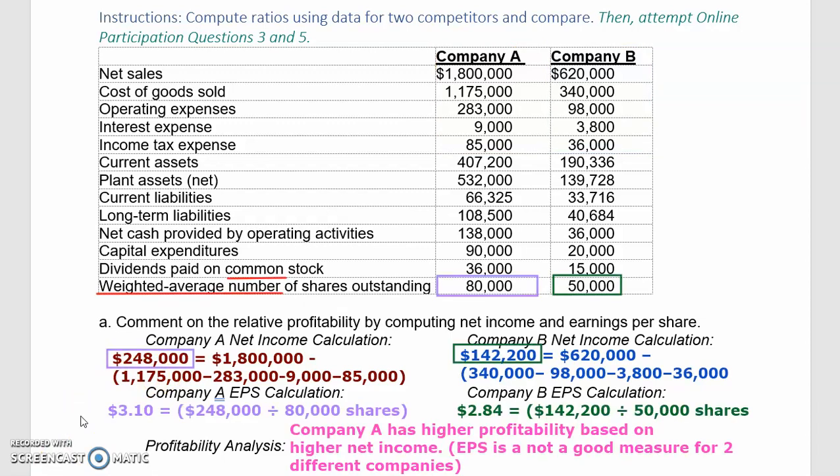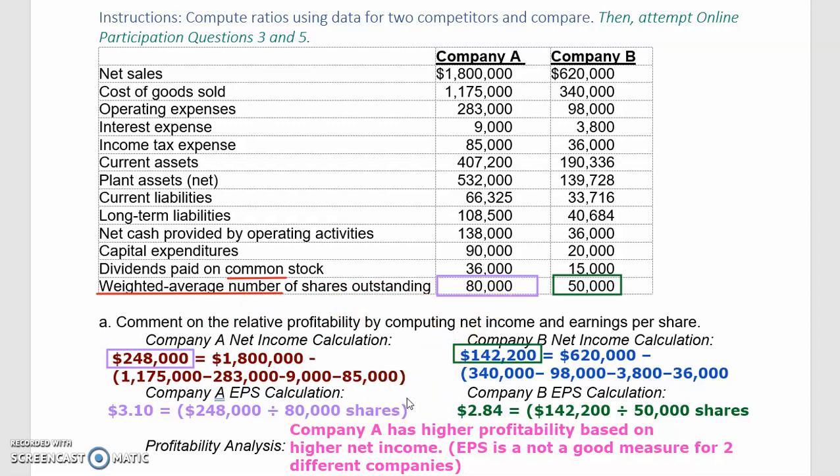For earnings per share, we take our net income that we already computed. We see this problem does not have any preferred dividends, and we're going to divide our net income by the weighted average number of shares outstanding of 80,000 that is given in this problem.